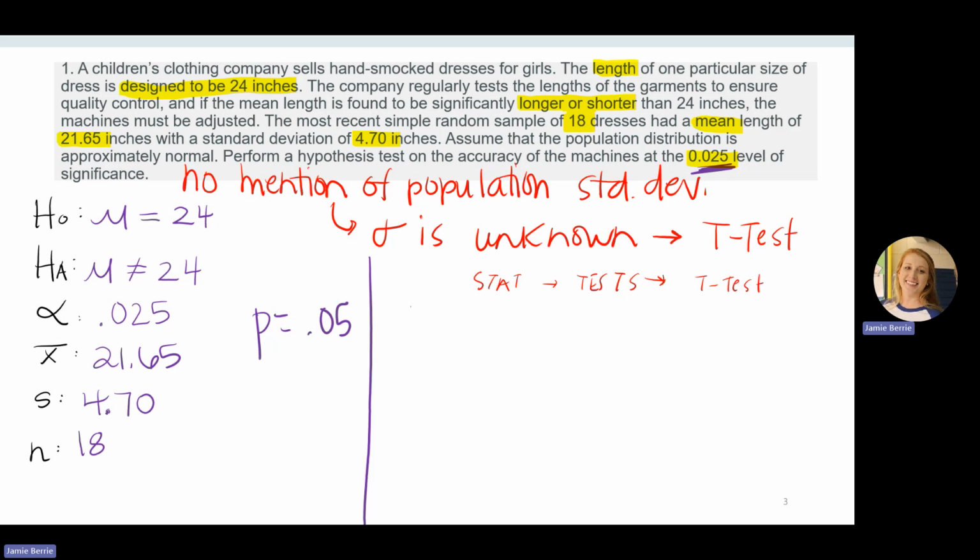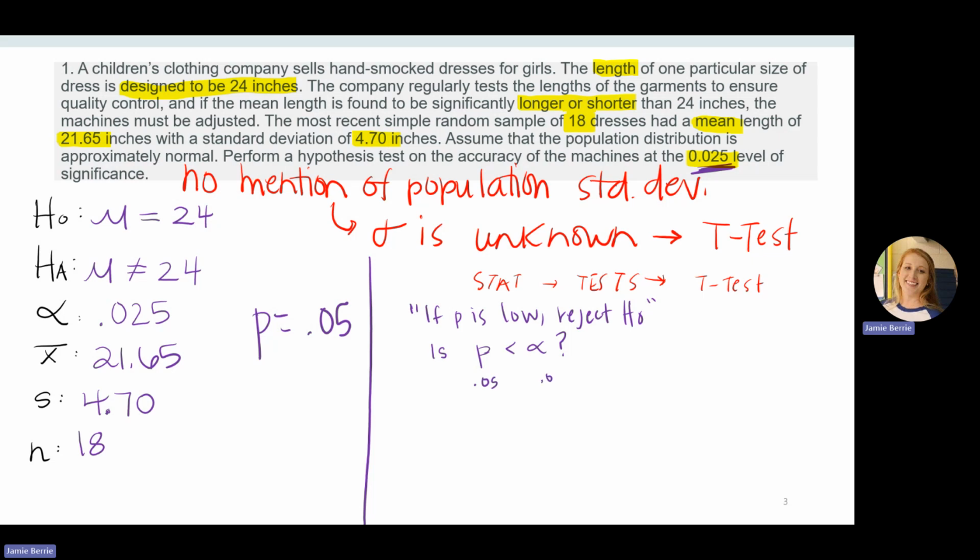We're going to remind ourselves of the phrase, if P is low, reject H0. So you're asking yourself the question: is P less than alpha? Here's P, 0.05.